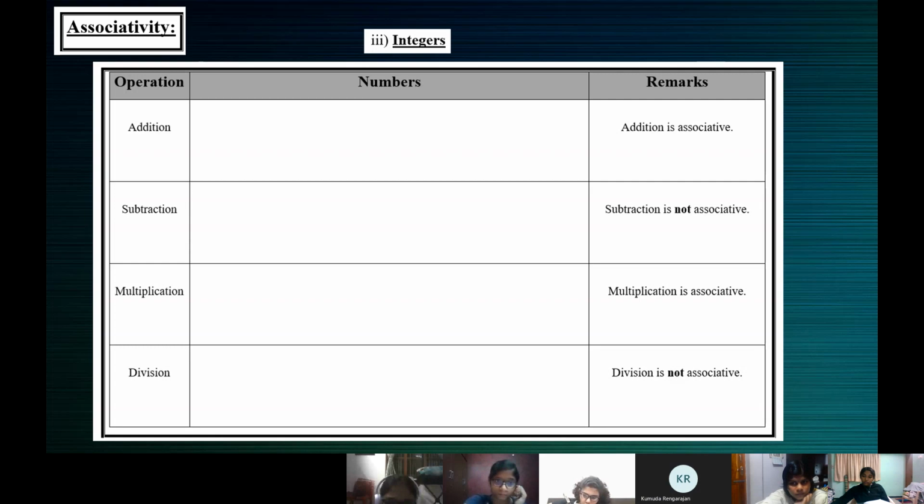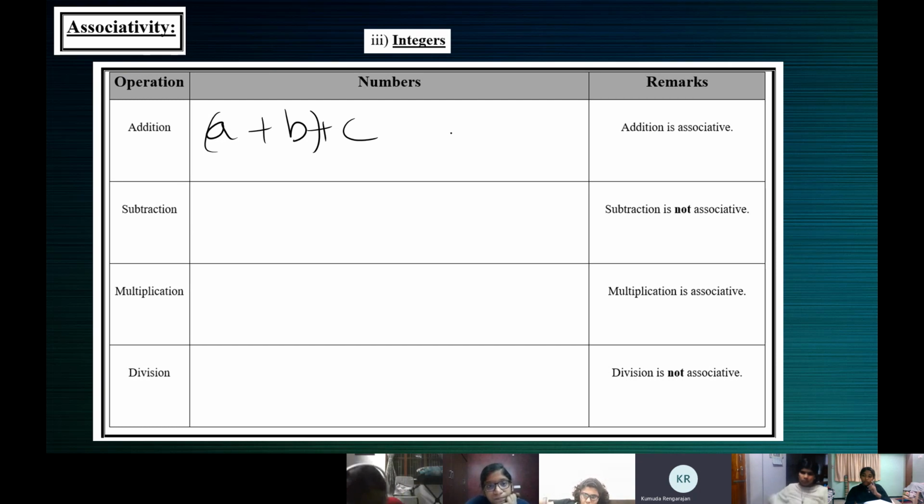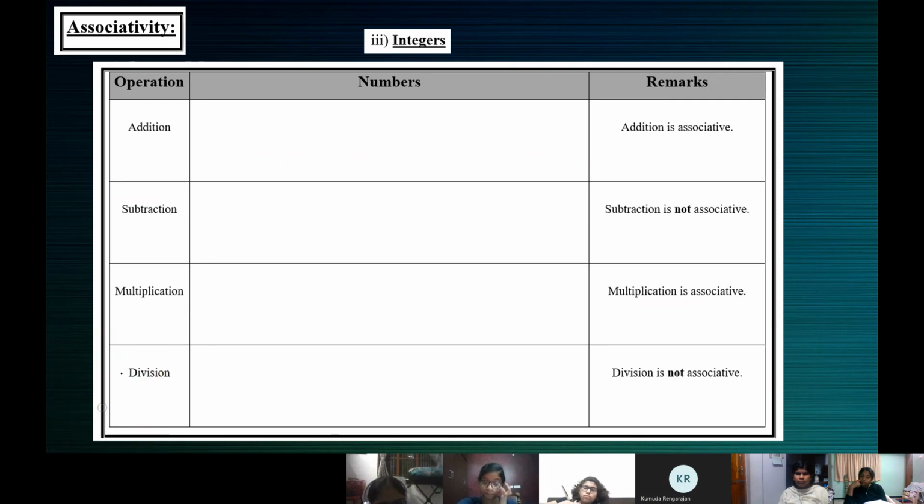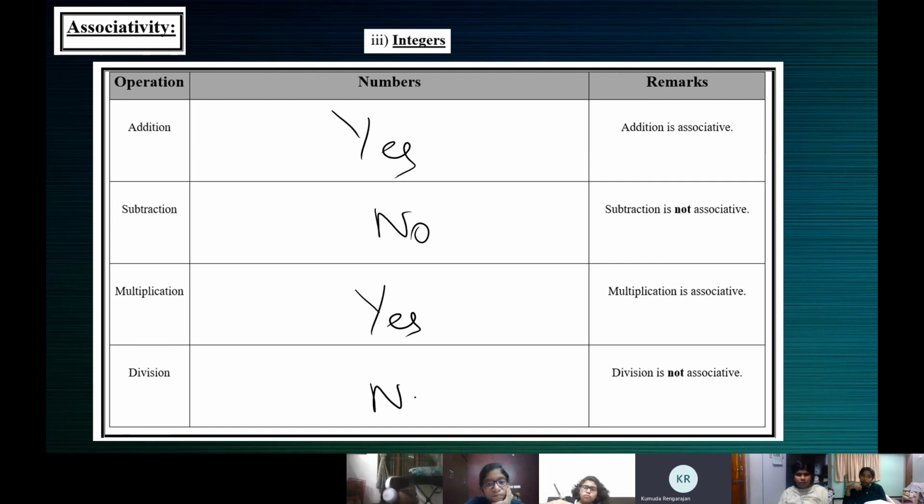Like A, B, C, first do A plus B and then plus C. Then do B plus C and add that result to A, using brackets in different ways. Here also, it works for addition. It does not work for subtraction. It works for multiplication. It does not work for division.